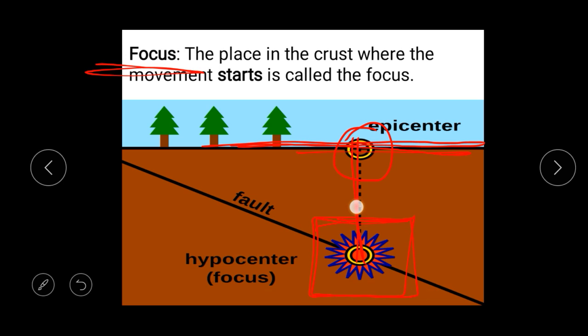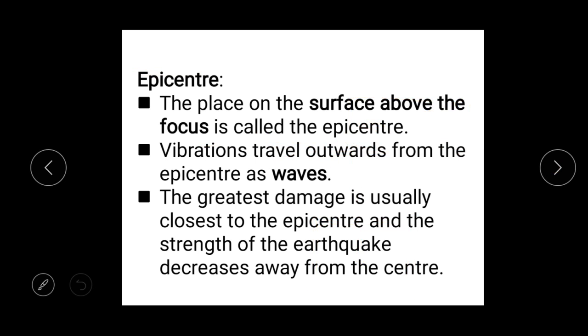The place straight above the focus that touches the surface of the earth is called the epicenter. The place on the surface above the focus is called the epicenter.